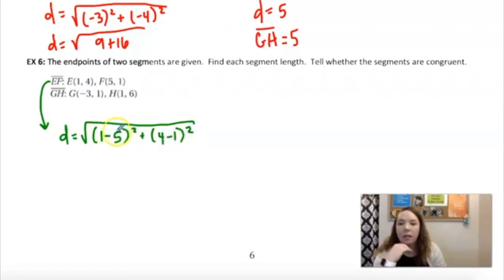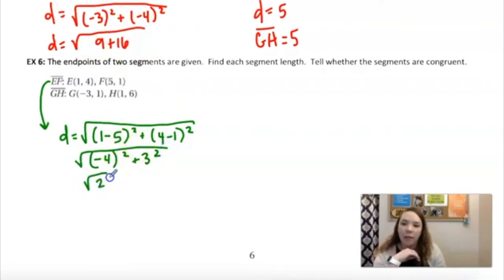So this one would be -4 squared and 3 squared. So it's essentially the same thing as up here. Then you have 16 plus 9 is 25. Square root of 25 is 5.